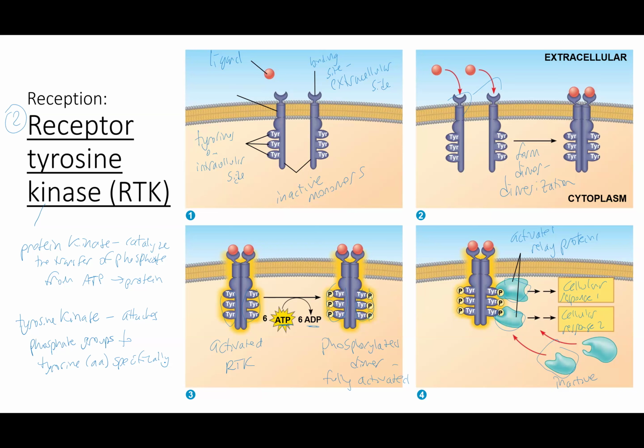And about 60% of medicines, which is a pretty high percentage, actually influence GPCRs in some way. Okay, they're significant. Receptor tyrosine kinases, if they do not work right, can be associated with a lot of different things. One of those is HER2, which is associated with breast cancer. I'm guessing everyone in here probably has known someone who's had breast cancer, but one of the things they test for is HER2, if it's HER2 positive or HER2 negative.